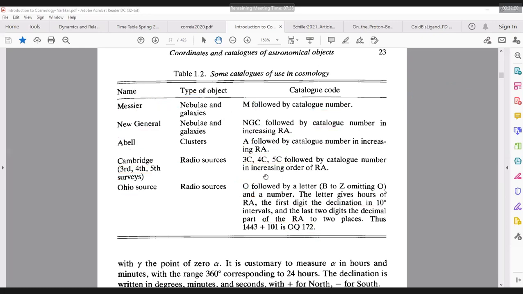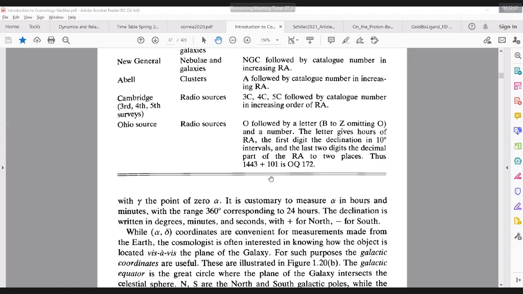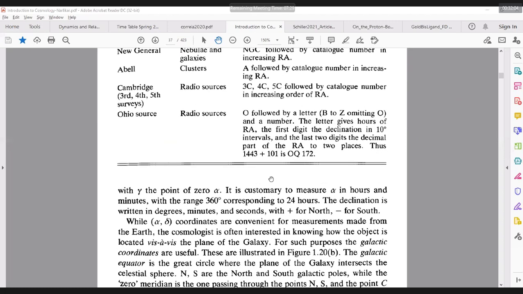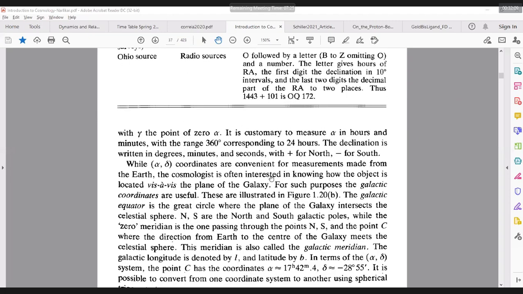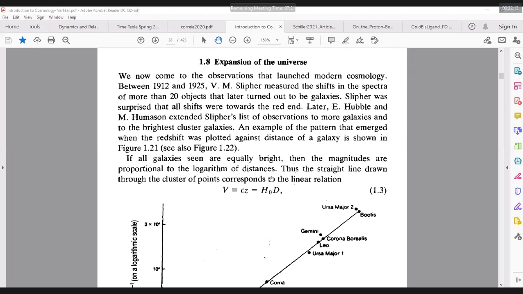About the objects that we discover and we put them in a list. Let's talk about expansion of the universe. Expansion of the universe is just like a balloon.